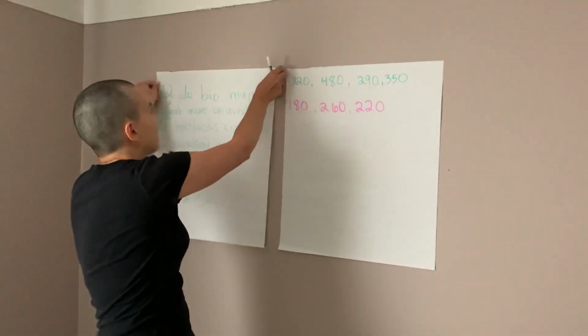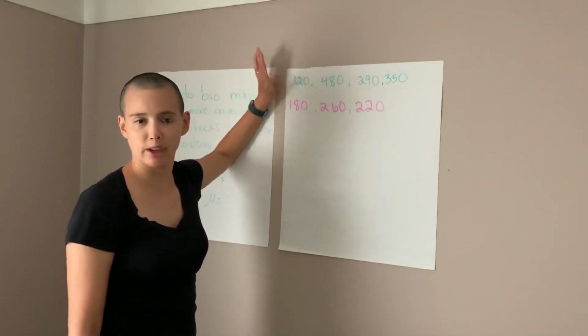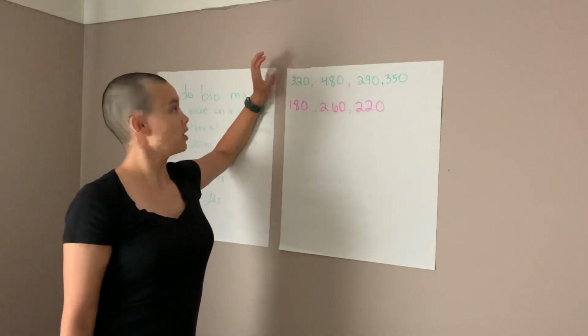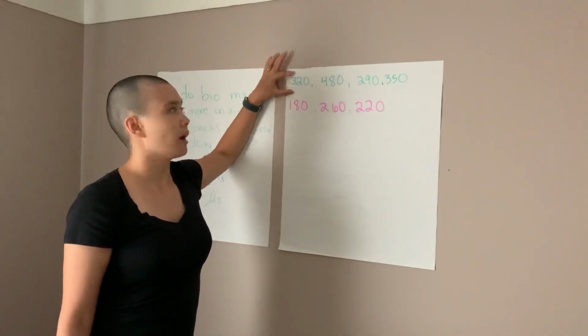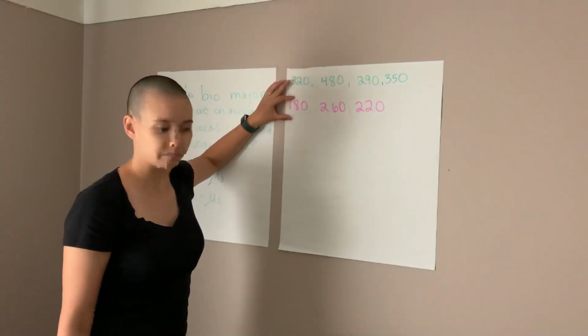So imagine that we have this data. Here's biology majors. Maybe imagine that we sampled more, but for the purposes of this demonstration, we just have 4 data points for biologists and then 3 data points for sociologists.